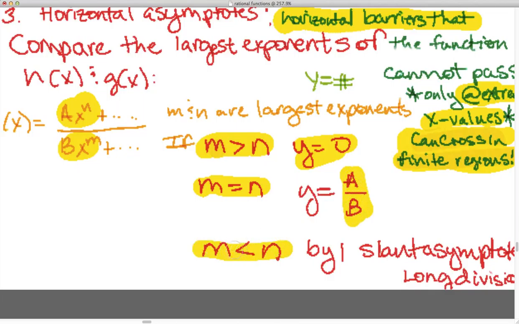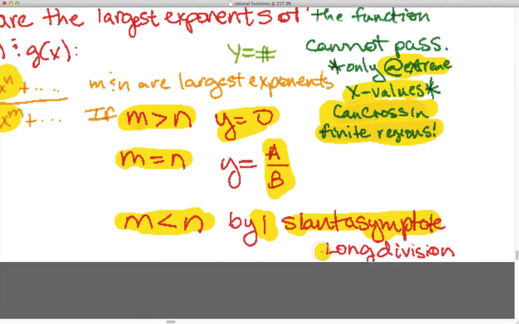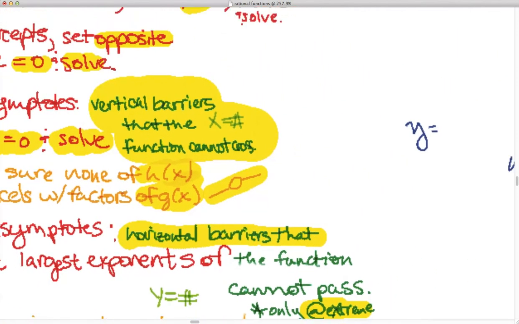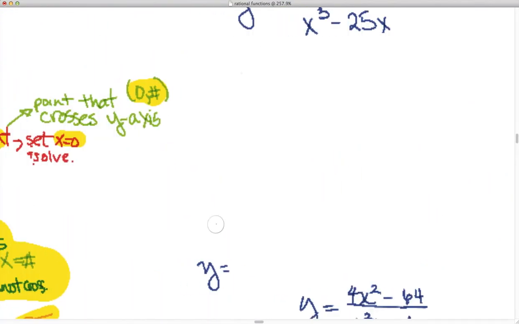And if the numerator exponent is larger by 1, we have what's called a slant asymptote, and you do long division. Whatever's not part of your remainder is your slant asymptote. Okay, and larger by 2 becomes parabolic asymptotes, stuff like that. All right, I don't think you'll get too much into those, but just in case you do, I want you to be aware of that scenario. Okay.